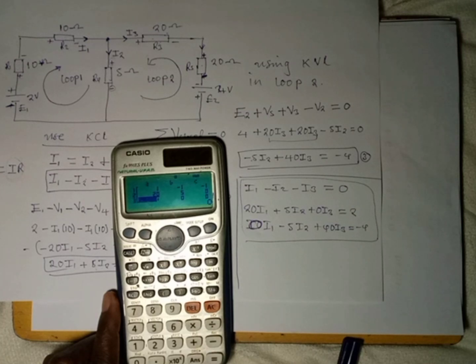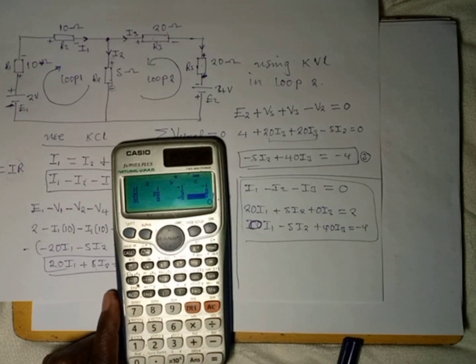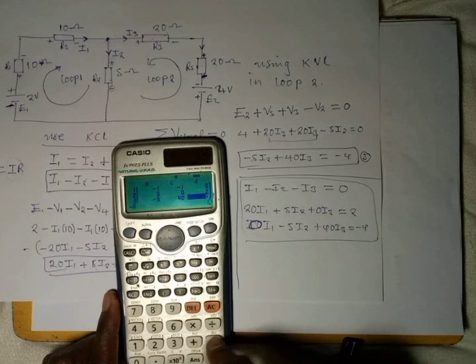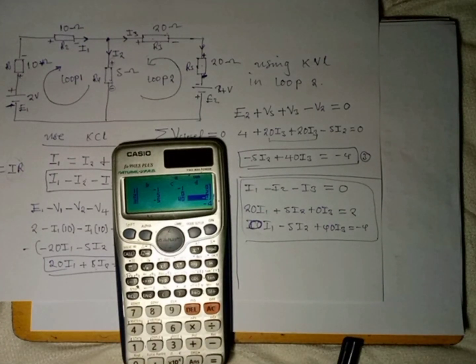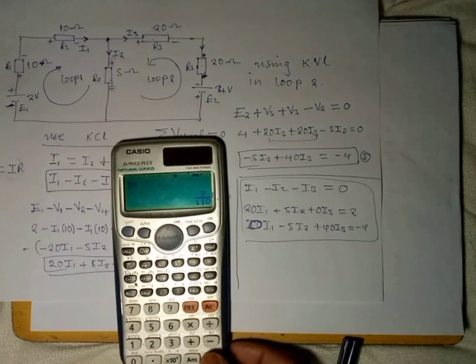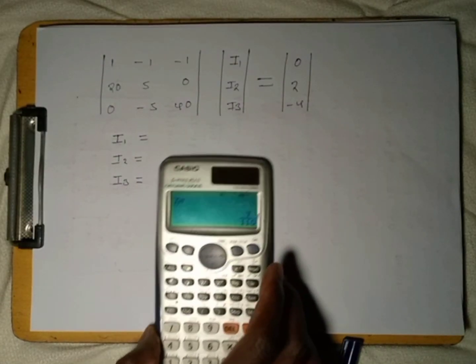Okay, then we have the third row, 0 there, -5 there, then we have 40, and finally we have -4. The calculator itself is designed in such a way that if you say equal to, it will just automatically give you the answers.